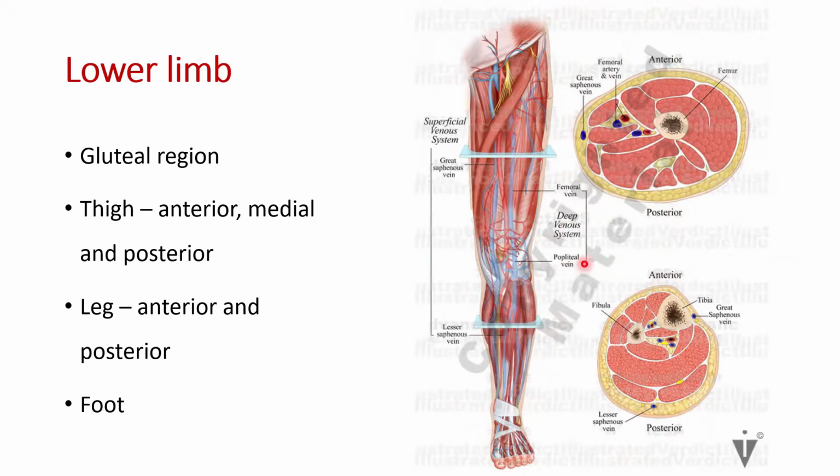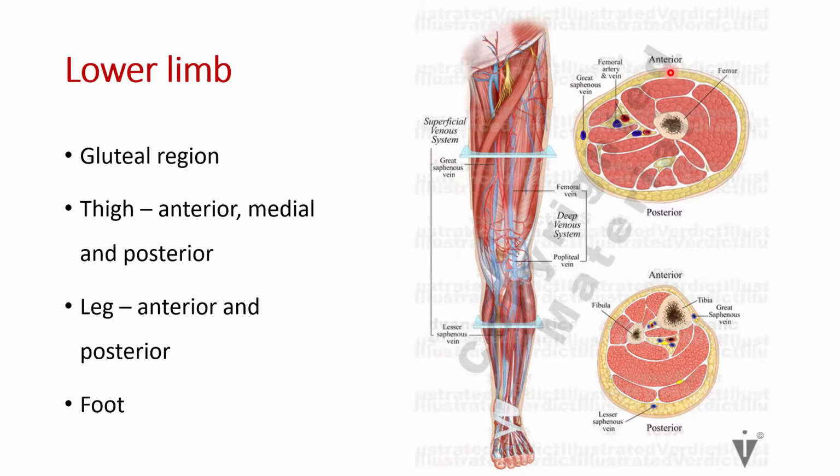And then as you can see, we talked about dividing the thigh into three parts: the anterior aspect, medial aspect, and posterior aspect. So here we are looking at anterior aspect of the lower limb. So you have a cross section here. So once you have a cross section here, you can see you have a femur here. So this is our femur.